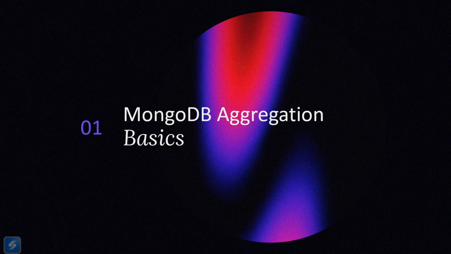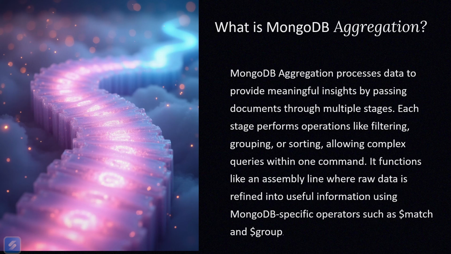Let's see about the MongoDB aggregation basics. Let's continue with what is MongoDB aggregation. Here, MongoDB aggregation processes the data to provide meaningful insights by passing documents through multiple stages. It is a powerful method used to analyze, process, and transform the data.